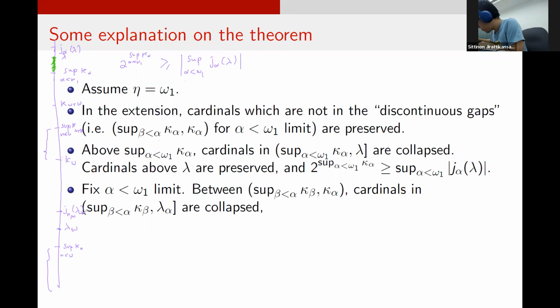And what we mean by it reflects down is that the cardinals in this interval, for example, that I also highlight in green, are going to be collapsed, and the rest of them between sup of kappa n and kappa omega are going to be preserved, and you're gonna get the failure of SCH, which means 2 to the sup of kappa n, n less than omega, is going to be at least something like sup n less than omega of j n omega of lambda omega.